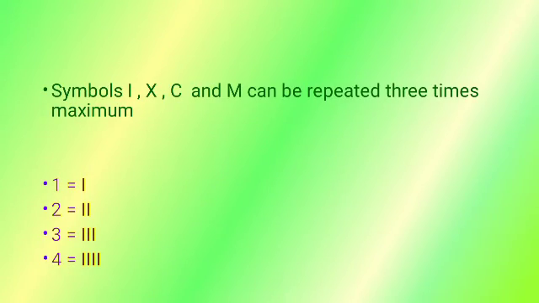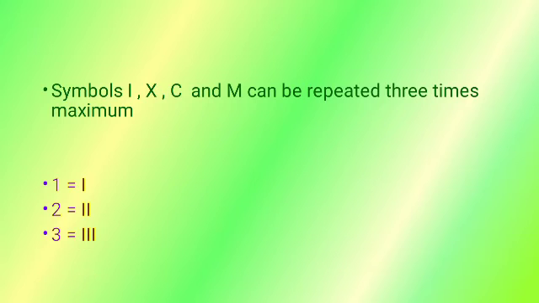Next, the symbols I, X, C, M can be repeated 3 times maximum. This is very, very important. That means if you write X, your last condition is X, X, X. Here, as you can see, 1 equals I, 2 equals I I, 3 equals I I I. So can we write 4 as I 4 times?